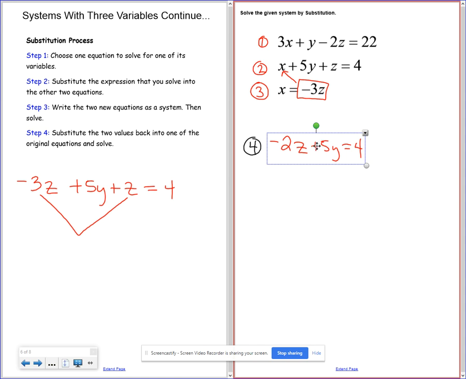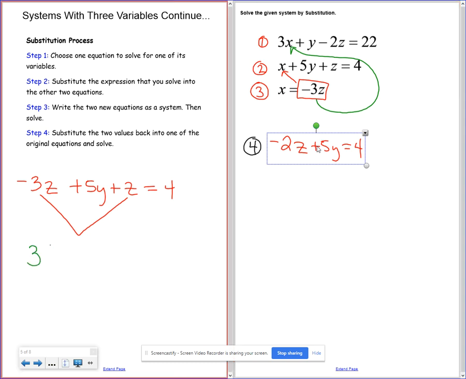So to find our equation 5, we take the negative 3z and we plug it in for x into equation 1. So we're going to have 3 times negative 3z plus y minus 2z equals 22.